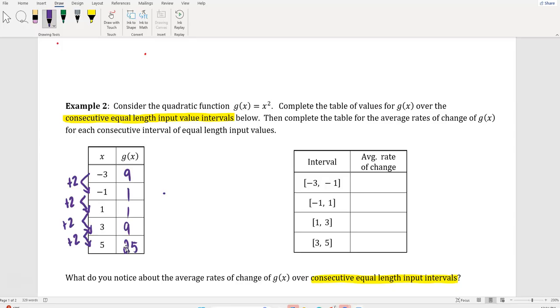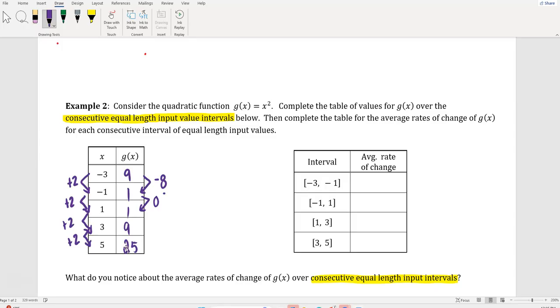Okay, so if I am checking to see if this function is linear, then I need to look at the rate of change of that g of x column, right? So I'm going to look at what's happening to my y values. From 8 to 1, I have decreased 8, so it's minus 8. From 1 to 1, actually, nothing happens.